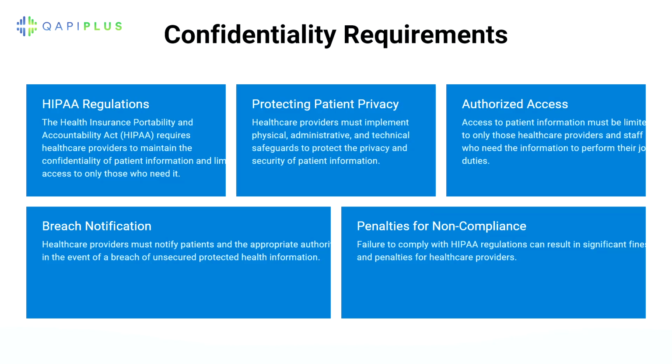In terms of confidentiality requirements, when you're thinking about the obligations of an organization to meet those regulatory requirements, HIPAA requires that we maintain that confidentiality of patient information and really only limit that access to those people who need it. We also are obligated to protect patient privacy.